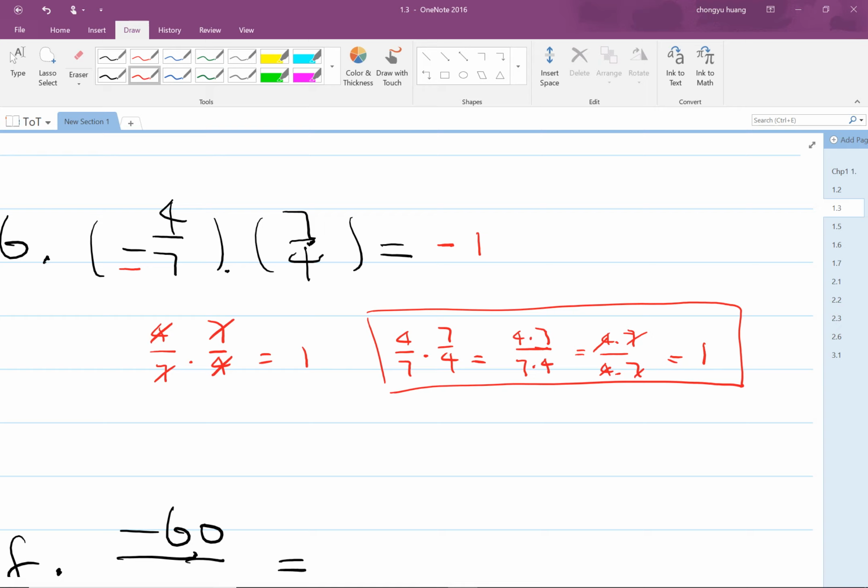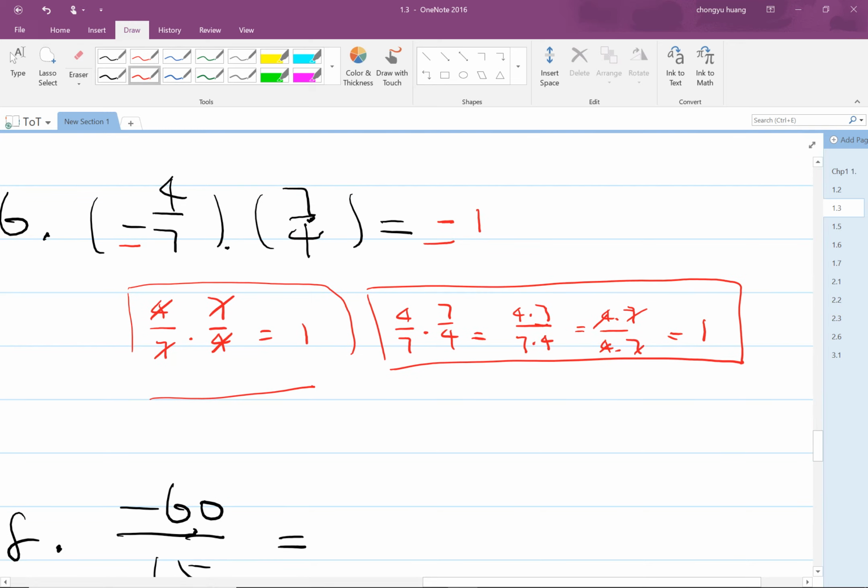Always remember you have to make sure you get the right sign. You don't want to write just 1. Before you do the step here, you want to make sure you put the right sign. Because here it is negative, so the answer is negative, right?